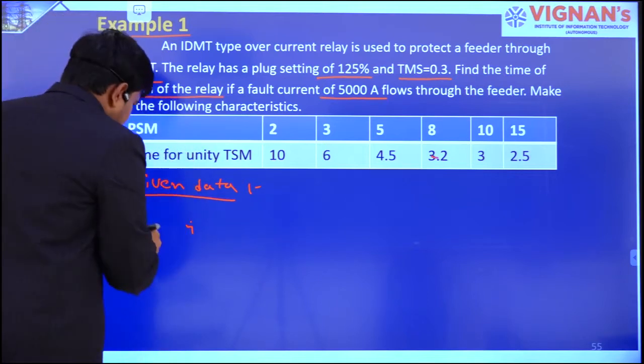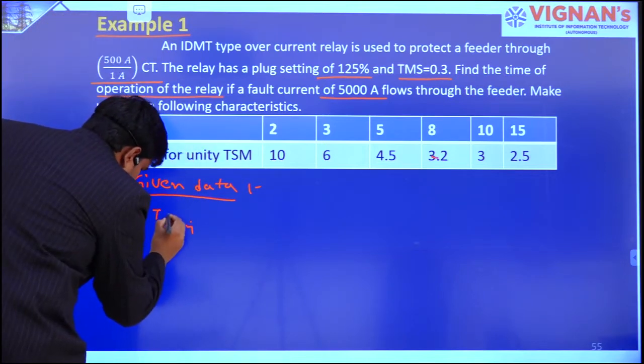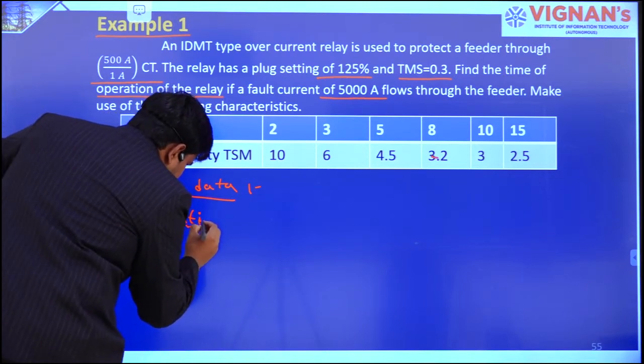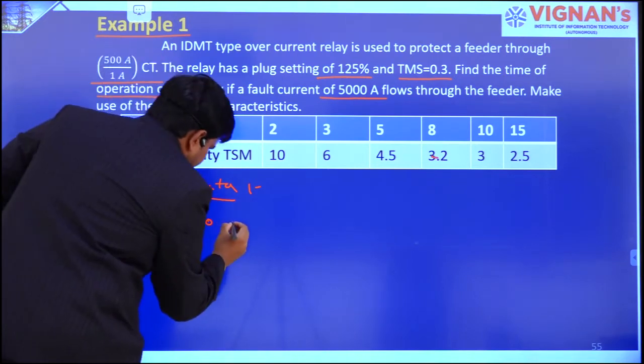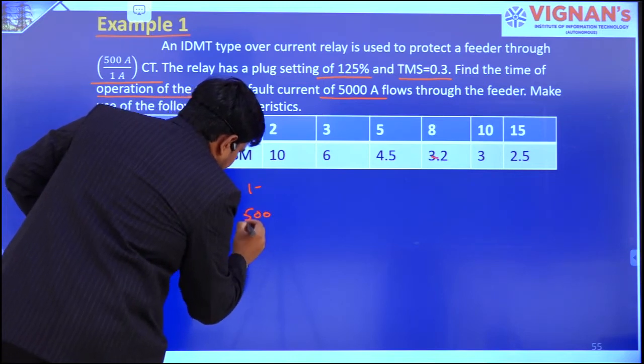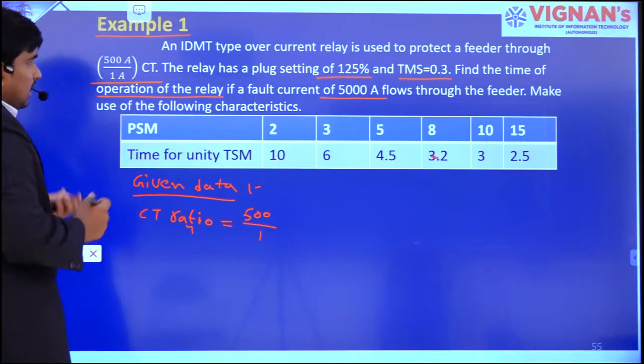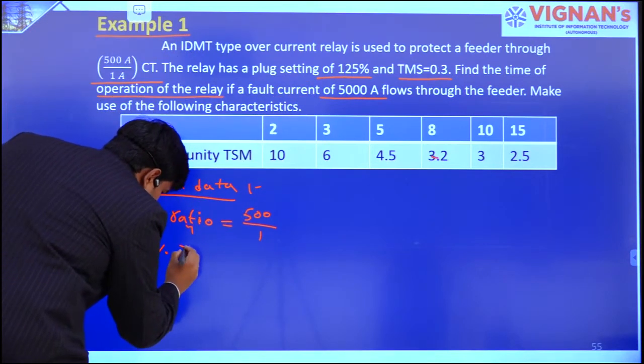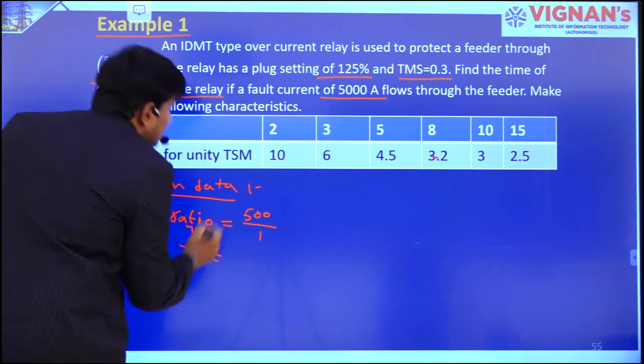The first one is the CT ratio, that is 500 by 1. The plug setting, that means percentage of IP, is equal to 125%.